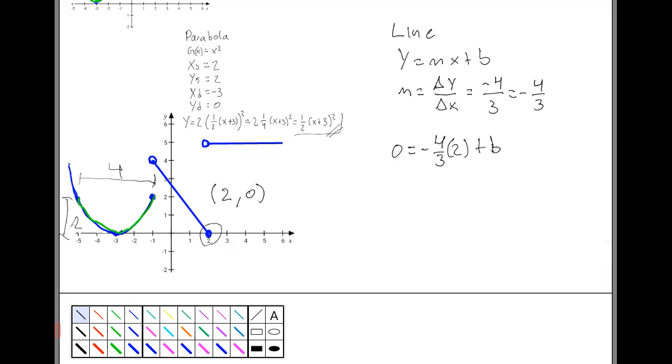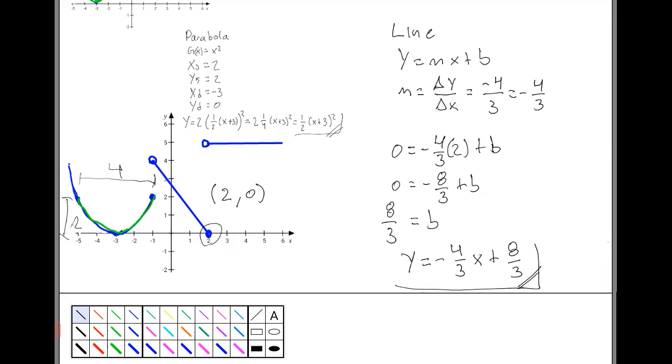Now we simplify it, so 0 equals minus 8/3 plus b, and we know that the value of b is equal to 8/3. So we can write the equation of this line, that is y equals mx plus b, that is 8/3, and we have the formula for the line.